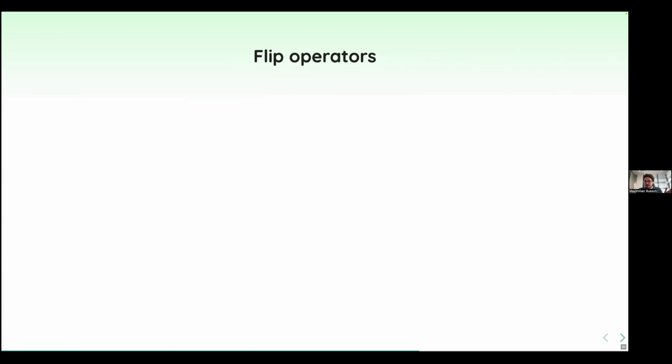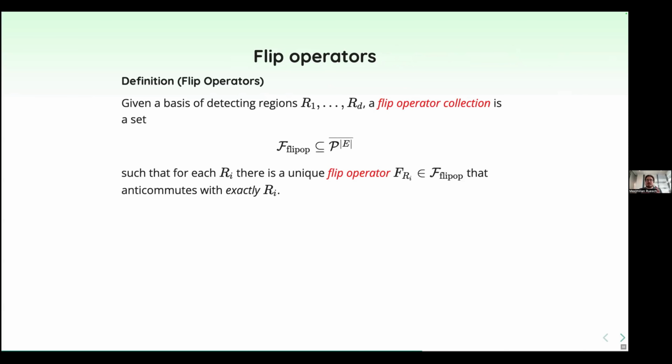To solve this remaining problem, we introduce a thing called flip operators. For any given basis of detecting regions, we introduce something called a flip operator collection, and that's a set such that for each basis element for detecting regions, there is some unique Pauli operator that anti-commutes exactly with that basis element in the context of the basis.